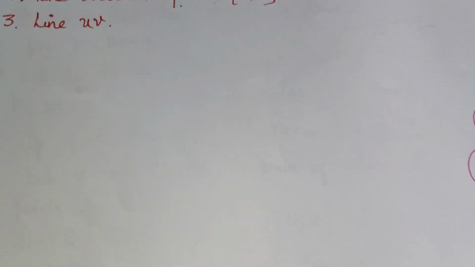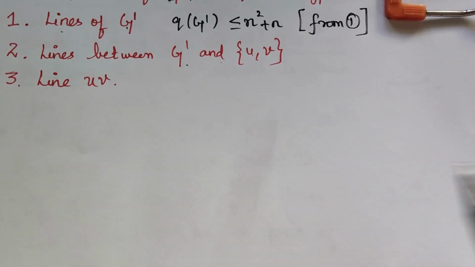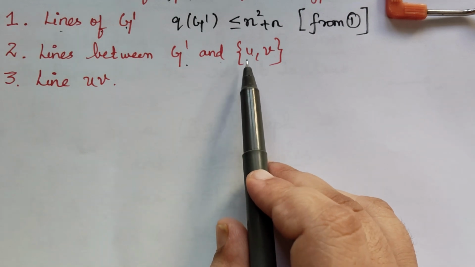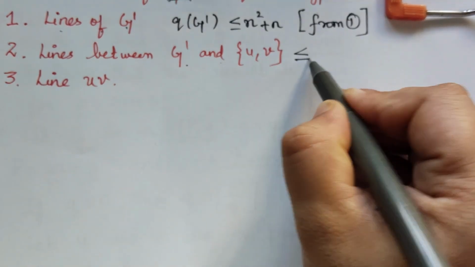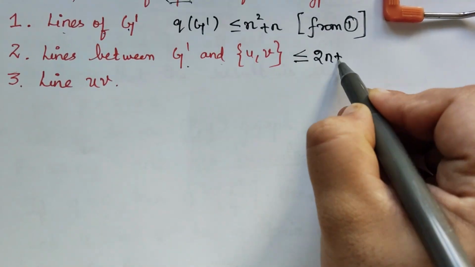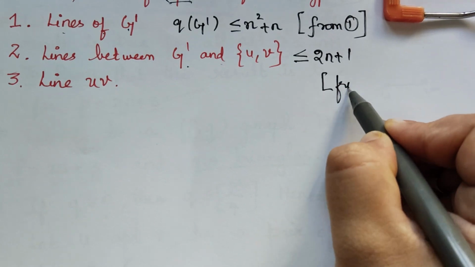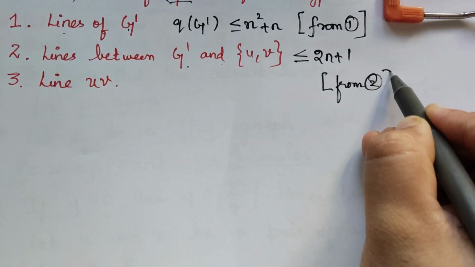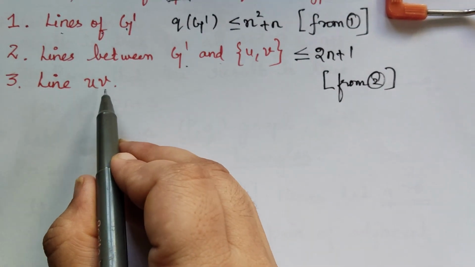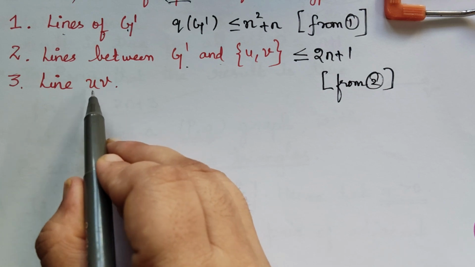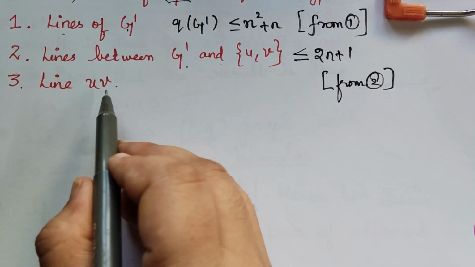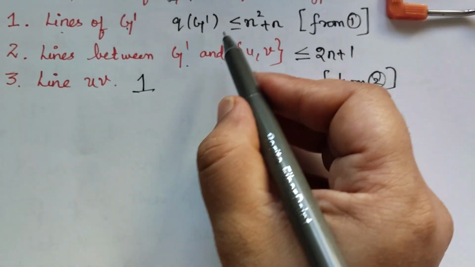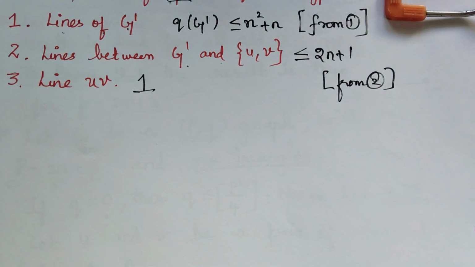So lines between G dash and UV is lesser than or equal to 2n plus 1. This is from 2. And then the line UV. The two vertices U and V have one edge between them. So this is 1. These are the three types of edges that we get.